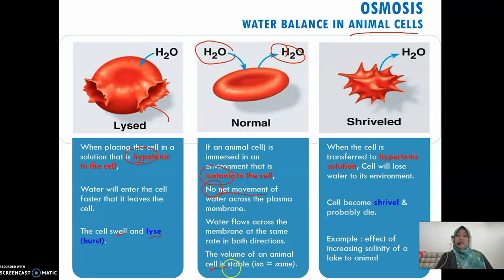So the volume of the animal cell is stable. It has a normal shape. On the other hand, if the cell is put in hypertonic solution, it will lose water to the environment. Water will move out. So the cell will become shriveled and it will probably die.